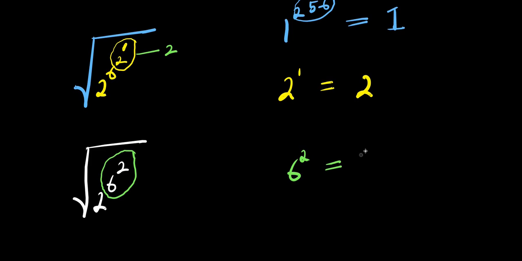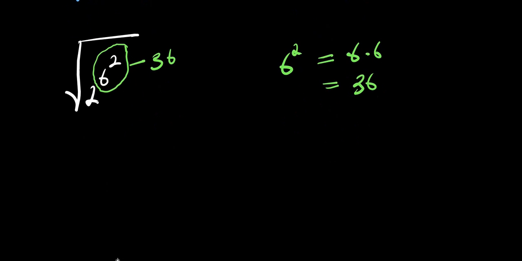This equals 6 times 6. And this will give you 6 to the power of 2, that is 6 times 6 is 36. So this is 36. Now, the next step will be for us to consider this. We have square root of 2 to the power of 36.